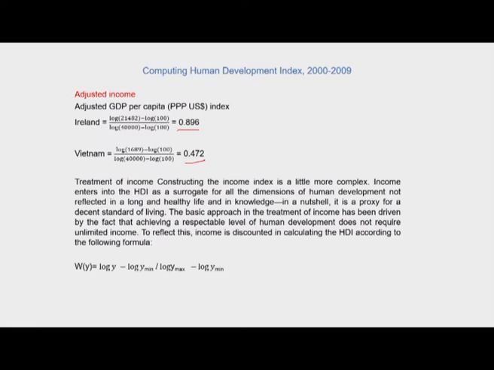So in a nutshell, it is a proxy for decent standard of living, and the basic approach in the treatment of income has been driven by the fact that achieving a respectable level of human development does not require unlimited income. So to reflect this, income is discounted in calculating the HDI according to the following formula: the utility function or income utility function as given by Atkinson.